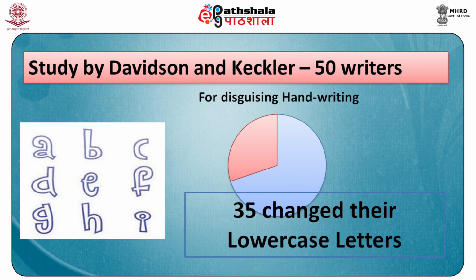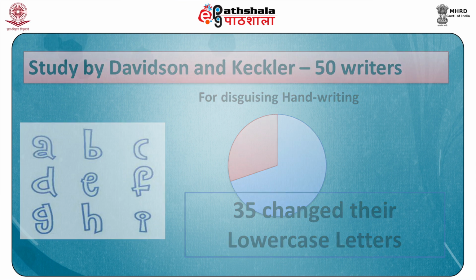Only 35 of the participants changed their lowercase letters. Of the 35, 10 changed from either all uppercase to lowercase letters or vice versa. Formal education influences the characteristics chosen by the writer.